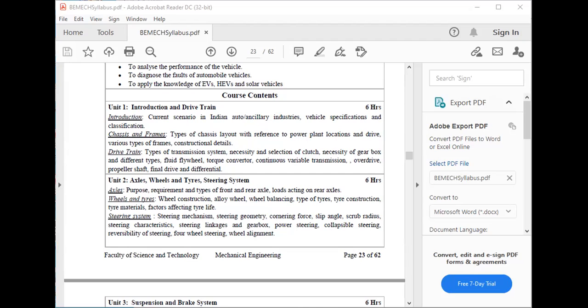Whenever we want to shift the gear, we apply the clutch pedal, and as we apply the clutch pedal, disengagement takes place. That is, the engine is in running condition but the gearbox is in stationary condition, and at that time we can easily shift the gears. So this is the main feature of the clutch operation.